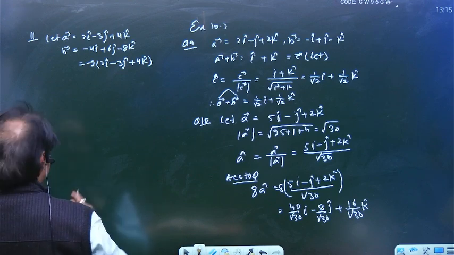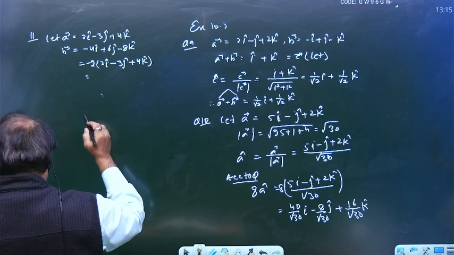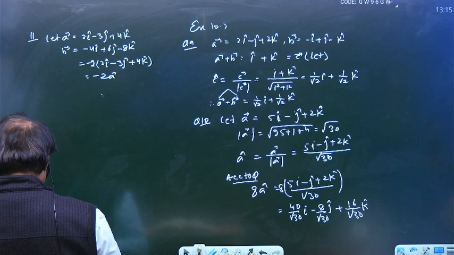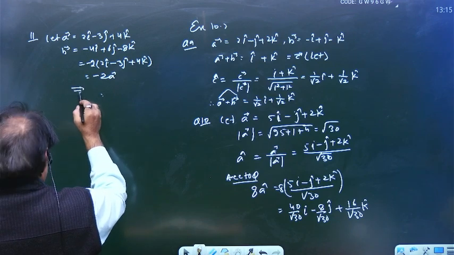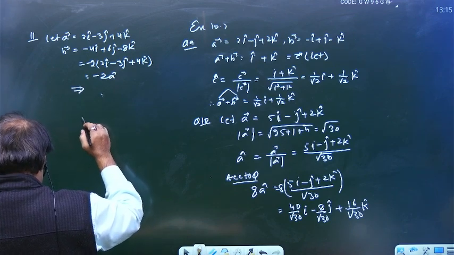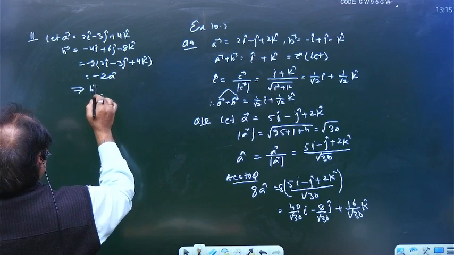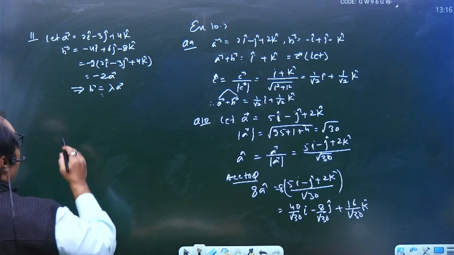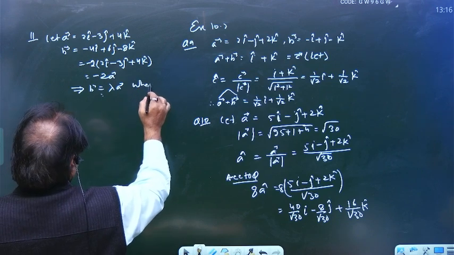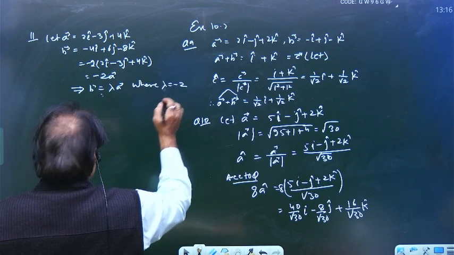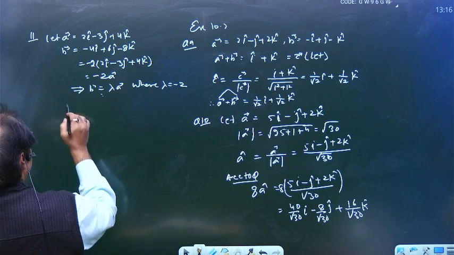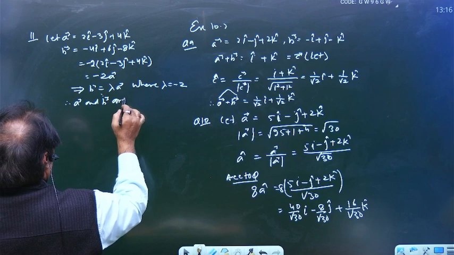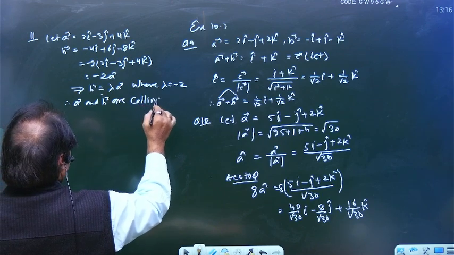This is equal to minus twice of vector a, and so this implies that b vector is equal to lambda times a vector, where lambda is equal to minus 2, the scalar number. Therefore, hence vector a and vector b are collinear.